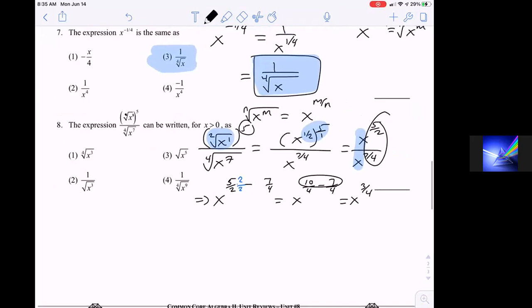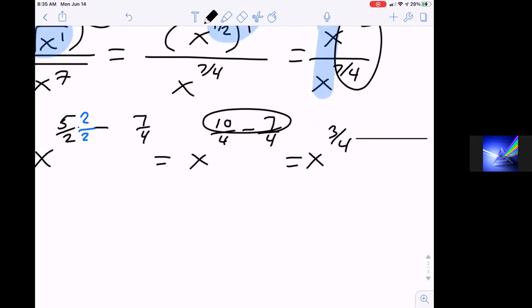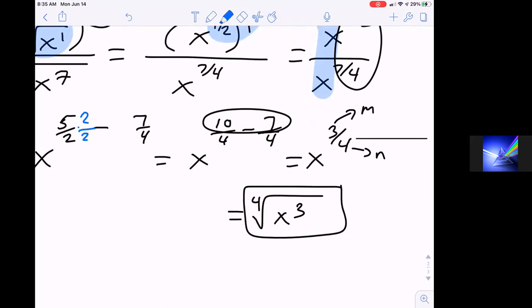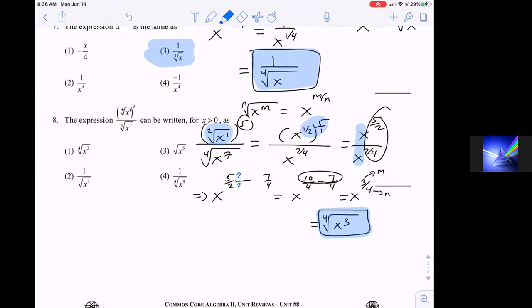Now, looking at your answers, it looks like they all want to be written in radical form. So again, this is the power, this is the root, this is the 4th root of x to the 3rd power. Which is number 1.